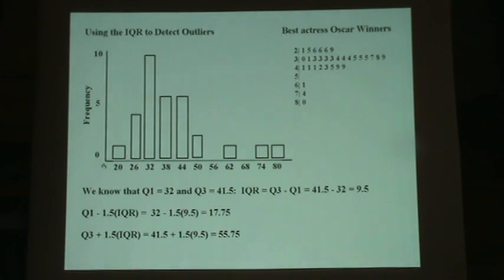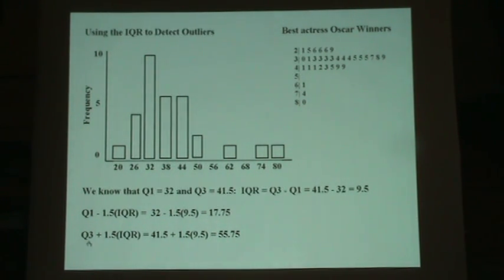So any score that is 17.75 or below would be considered an outlier in the bottom half of the data set. But we don't have any scores at it. 21 is our lowest score. As you can see up here, 21 is the lowest score. So there are no outliers in the bottom part.